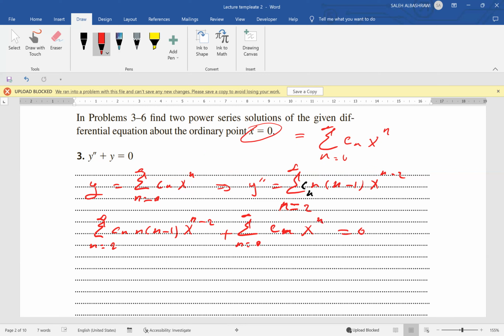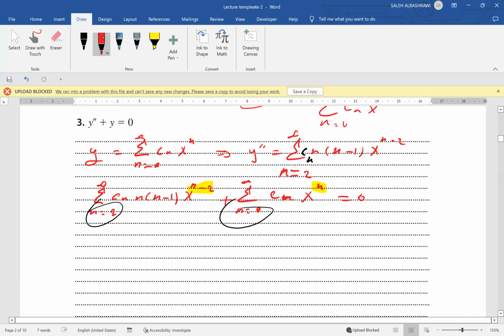Now I need to combine the two series, but the powers are not the same. Also, the index n starts from 2 in the first and from 0 in the second series. So I have to unify the two indexes and also the powers. For the first series, I will let k equal to n minus 2.